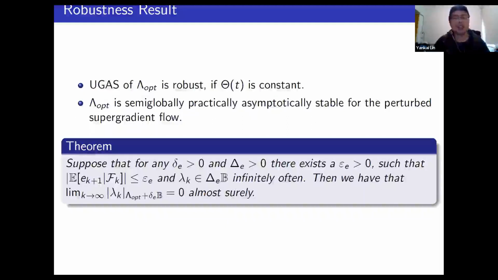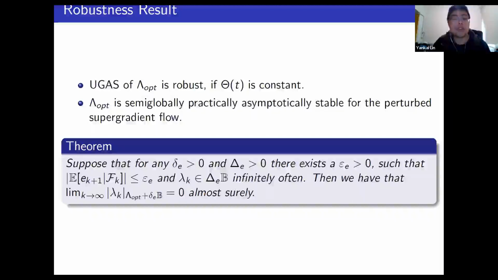So what it means is that for any given delta E and big delta E, you can find an upper bound on the supergradient errors so that lambda k converges to a neighborhood of size delta E of the set lambda opt.